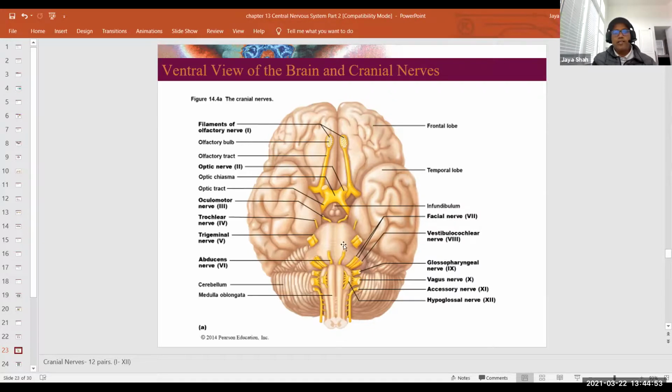These all are coming off from the brain stem. So these cranial nerves exit from the brain stem, make a hole in the cranium, and then come outside to supply your head, muscles, and organs in the head. Okay, and some go down and also supply the visceral organs.